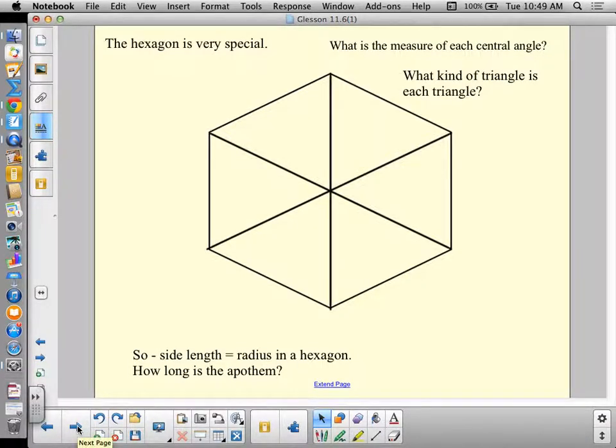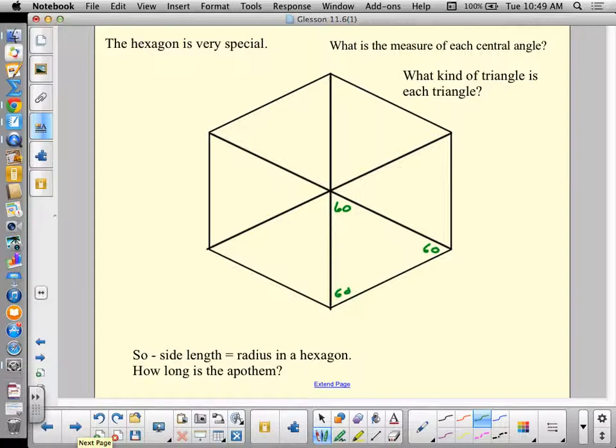All right. Hexagon is also special. The hexagon is always special. What kind of triangle is each triangle? Well, yeah. Each triangle here is an equilateral triangle, right?